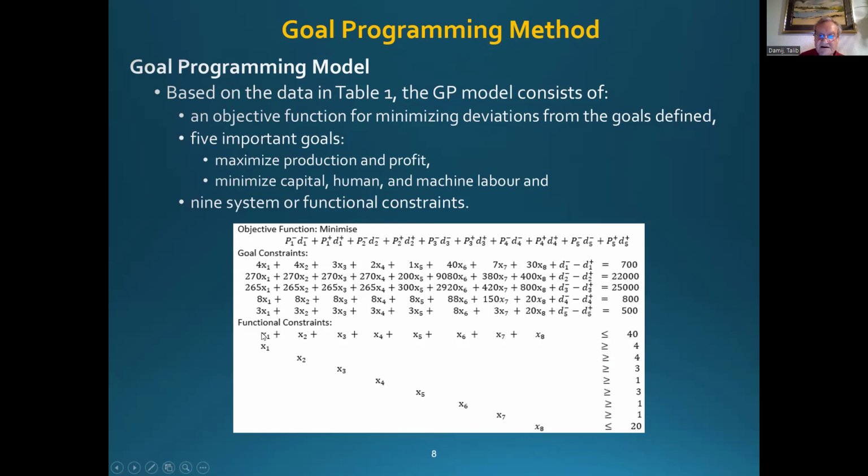For example, X1, spelt, should be equal or greater than 4 hectares, should be planted on 4 or greater hectares, and so on for other crops.